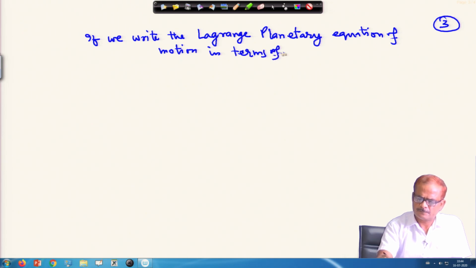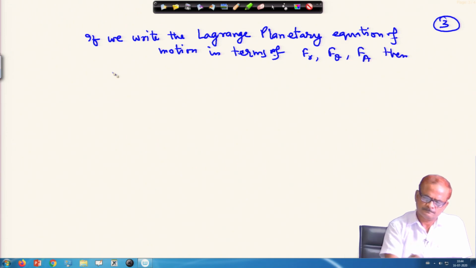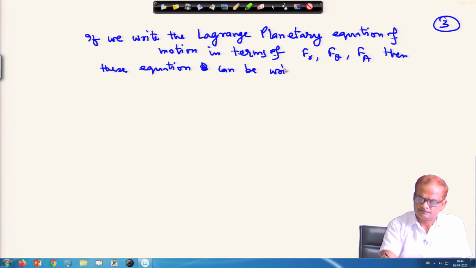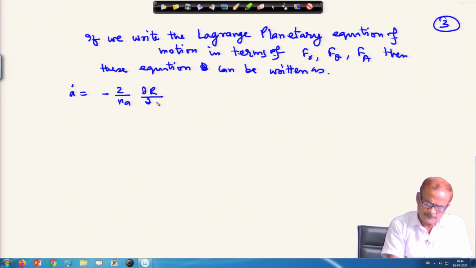In terms of, can be written as, see, this was our Lagrange planetary equation of motion.